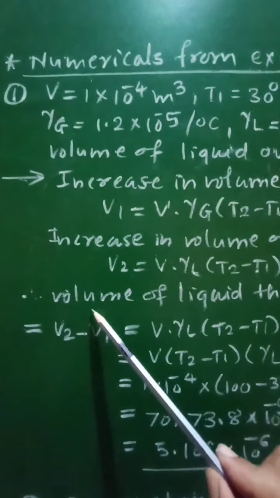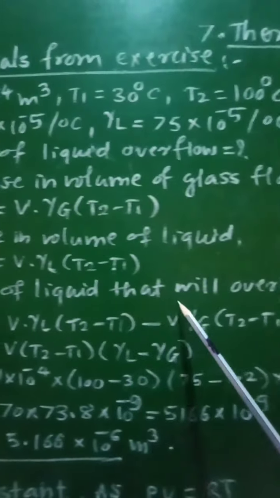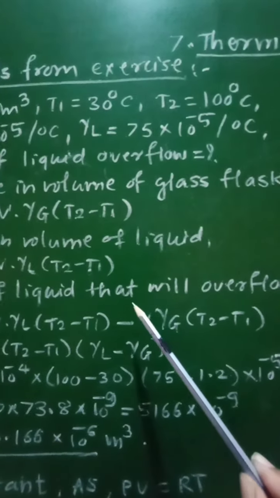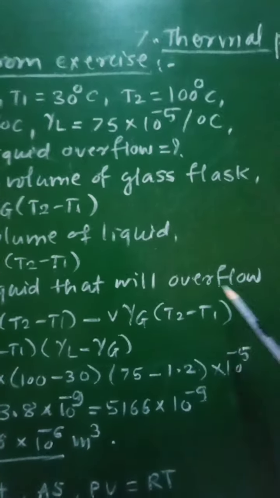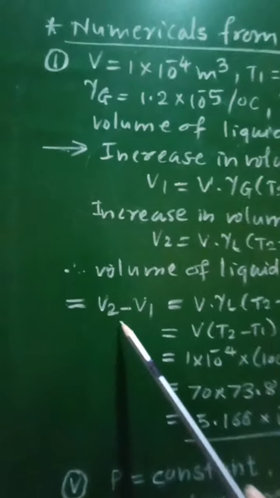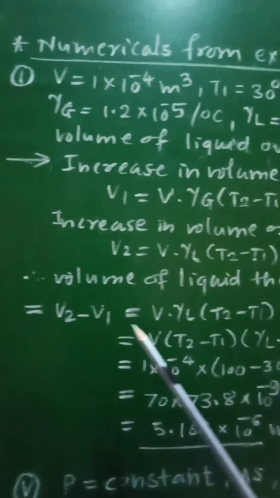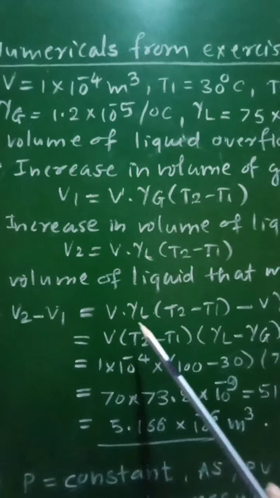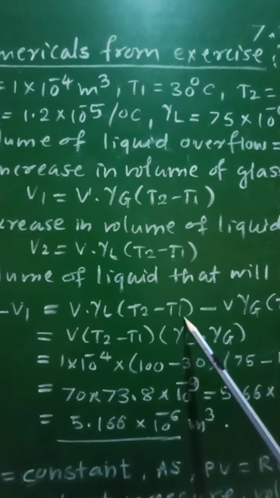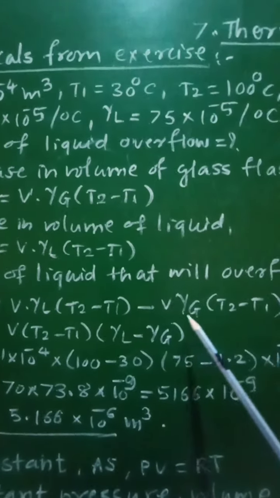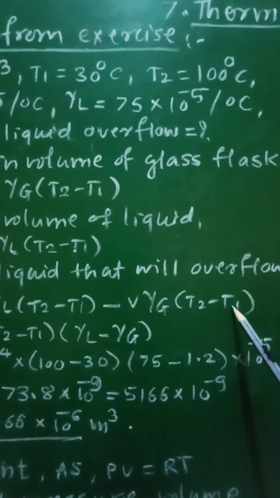And therefore, the volume of liquid that will overflow will be given as Phi2 minus Phi1, which will be written as Phi gamma L into T2 minus T1 minus Phi gamma G into T2 minus T1.